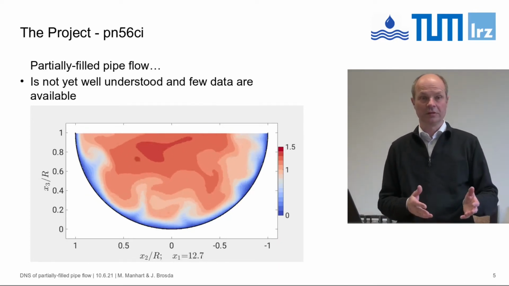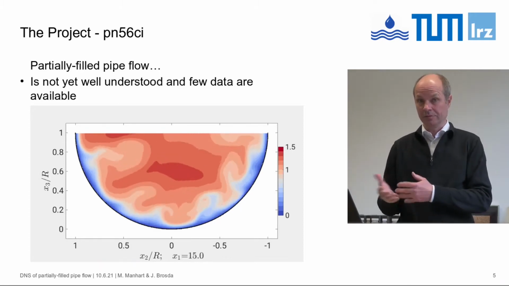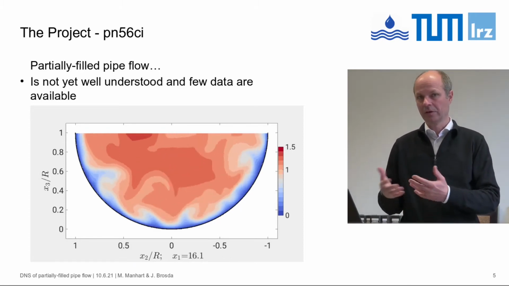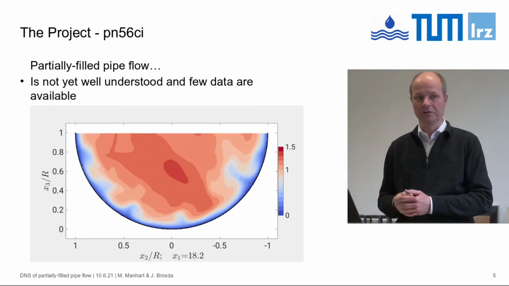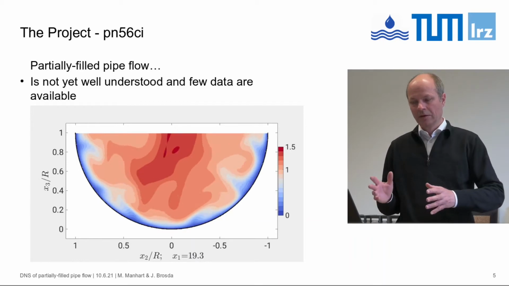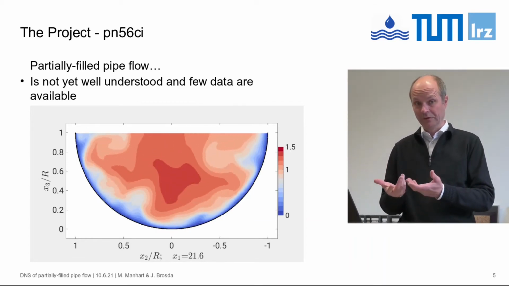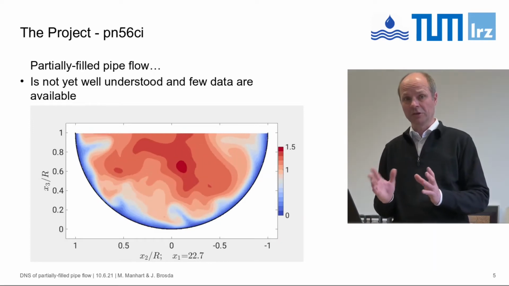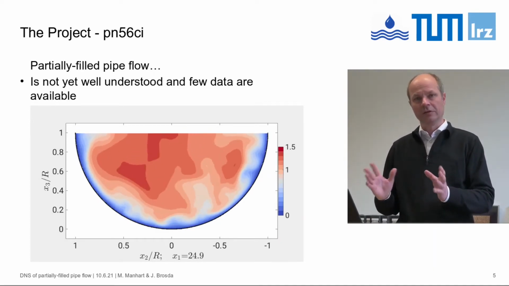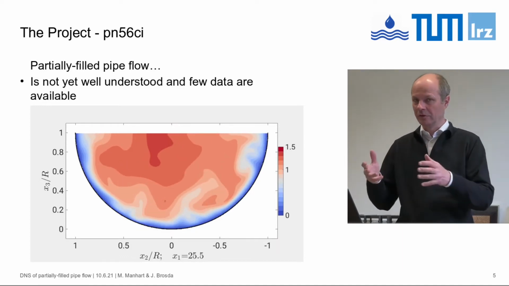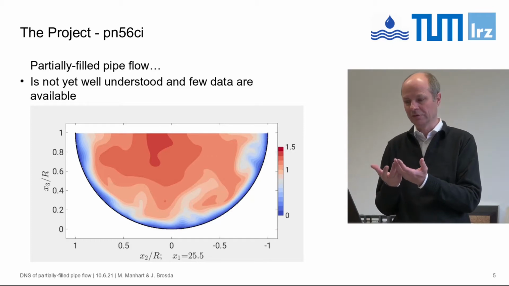We see here a slice in a semi-filled pipe flow, and the color represents the instantaneous streamwise velocity. We see in this animation that there are several processes which are well understood in standard pipe flow, such as the uplift of low momentum fluid from the wall to the center.